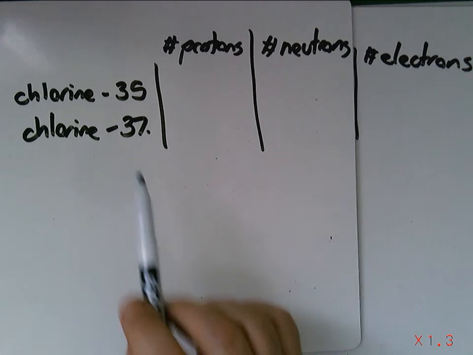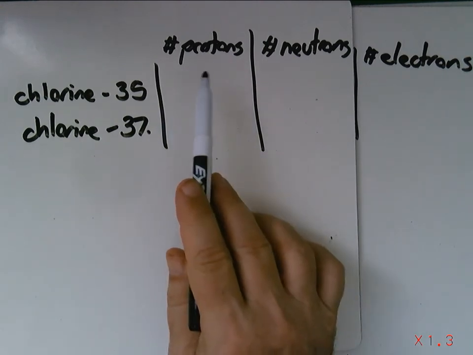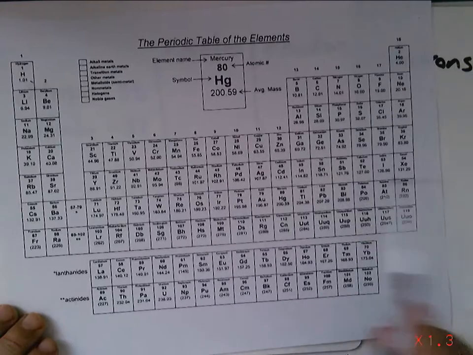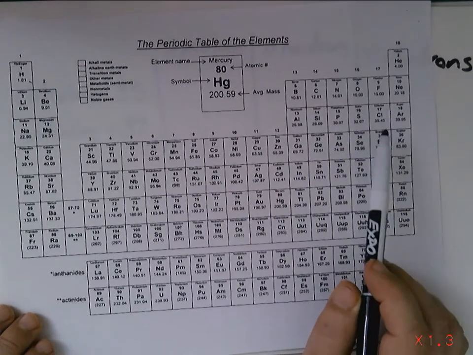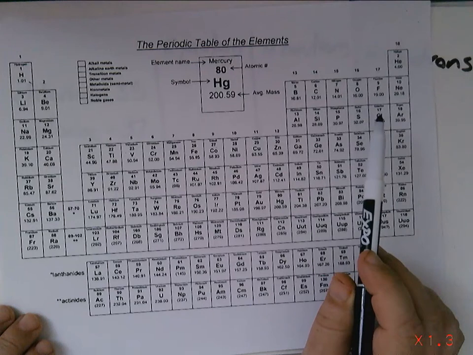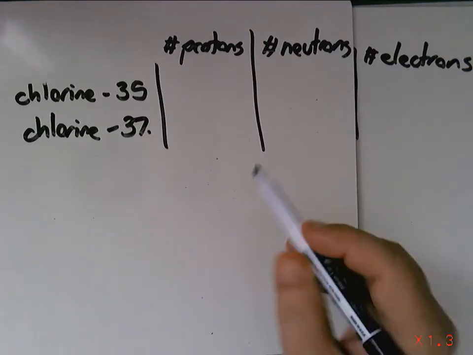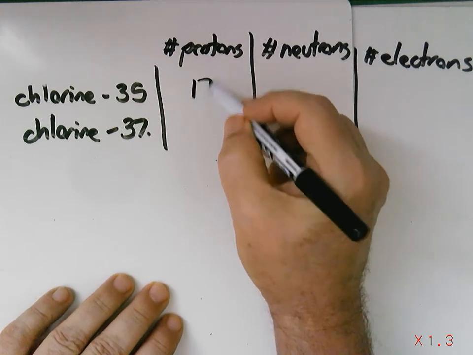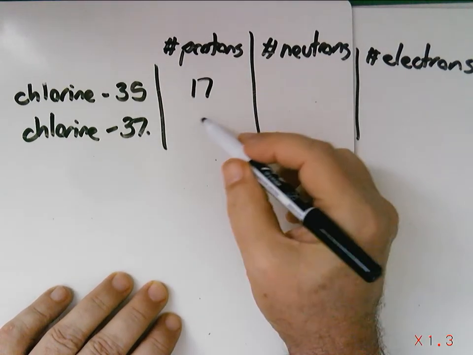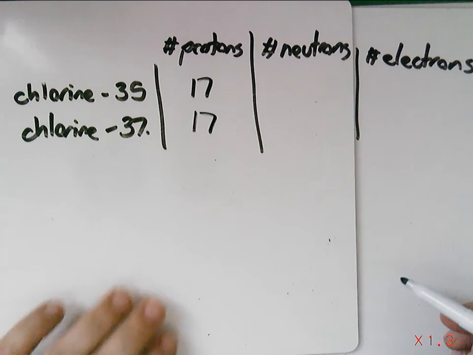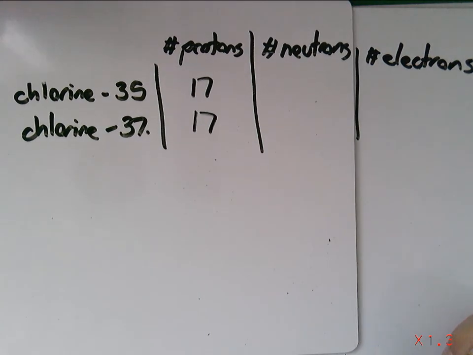Okay, I got to have the atomic number in order to count how many protons I've got. Got to have a periodic table. I'm going to look for chlorine. There it is. It's got an atomic number 17 on top. So there's 17 protons, and it's going to be the same for this one too. Chlorine is chlorine. Doesn't matter what the mass number is. It always has to have 17 protons.